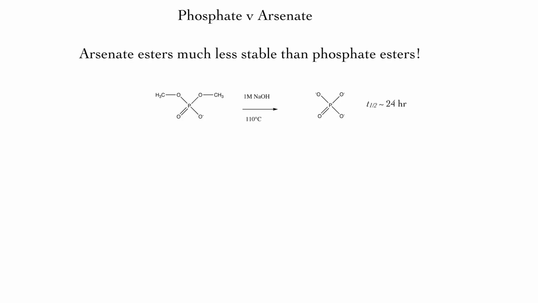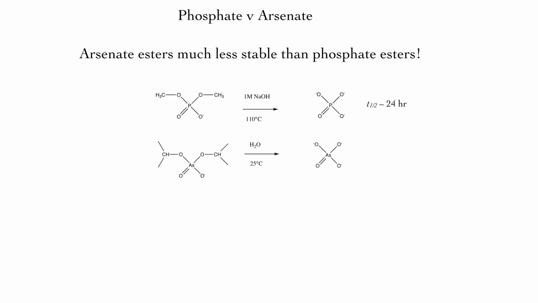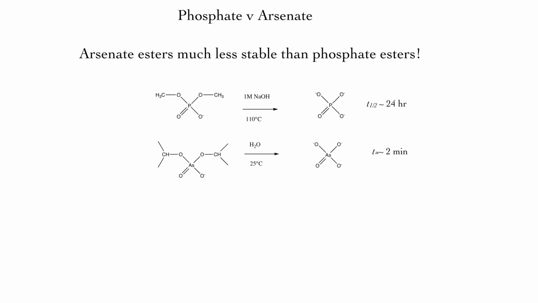So half of it will have reacted, and the concentrations of the two on the left and the right will be approximately the same after 24 hours. Now let's have a look at an arsenate counterpart, in this case diisopropyl arsenate. In neutral water at 25 degrees, so just water at room temperature, it's completely hydrolyzed within 2 minutes.